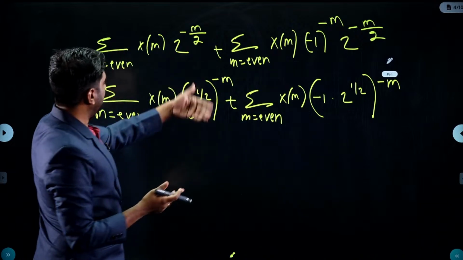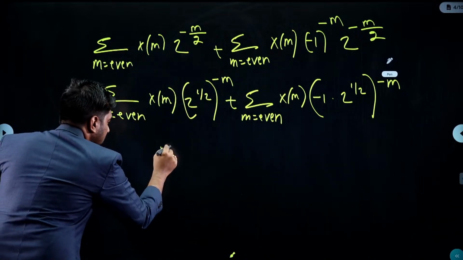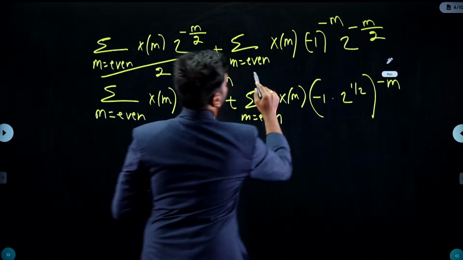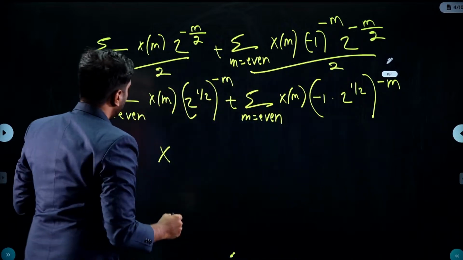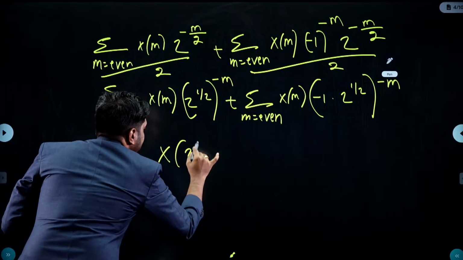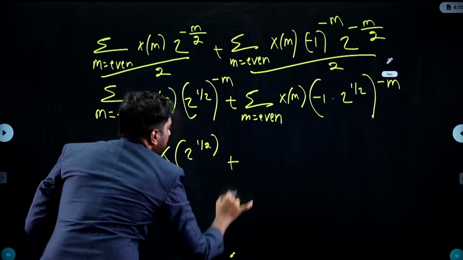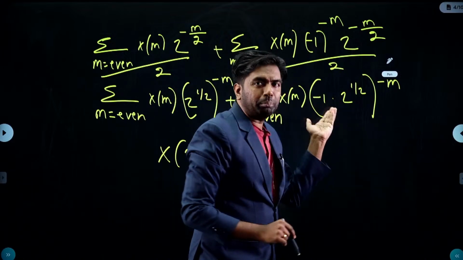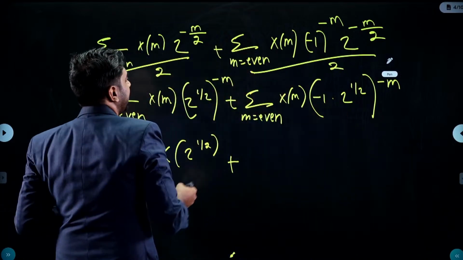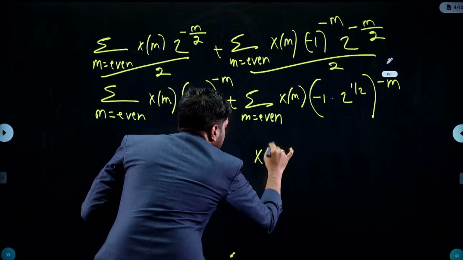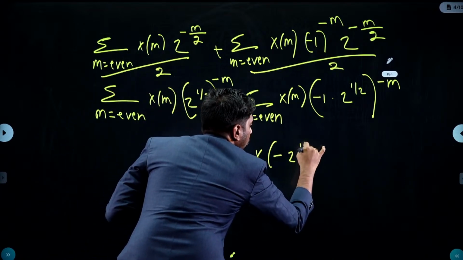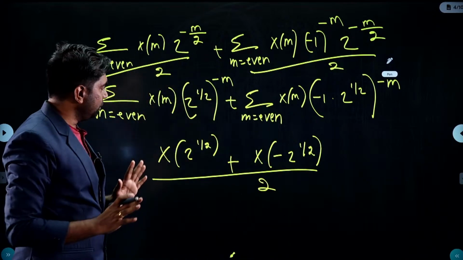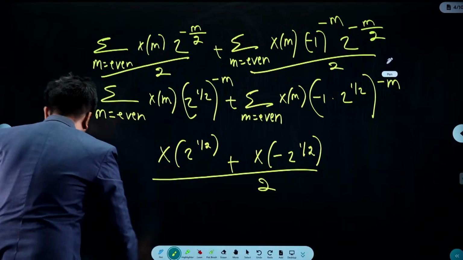So you can treat this as x of z power 1 by 2, and I think I am missing the factor 2, so you can put the factor 2, and then plus. What is minus 1 into z power 1 by 2? It is minus z power 1 by 2. So this is nothing but x of minus z power 1 by 2, and then you have the whole thing divided by 2. So this was one of the options. Let's go to the next problem.